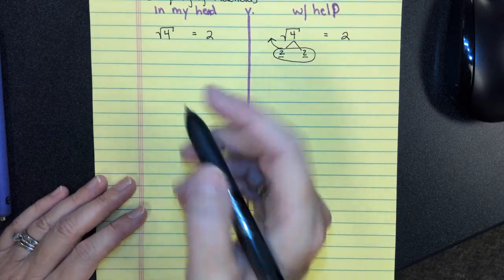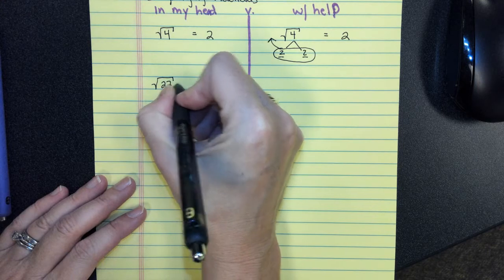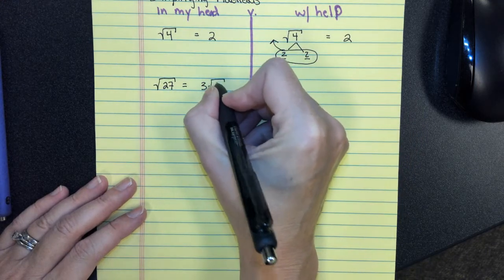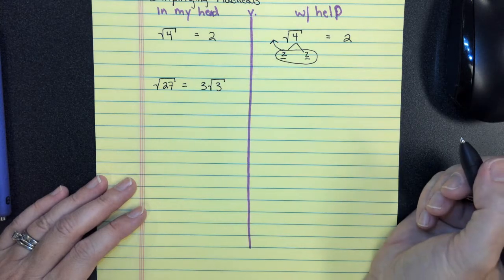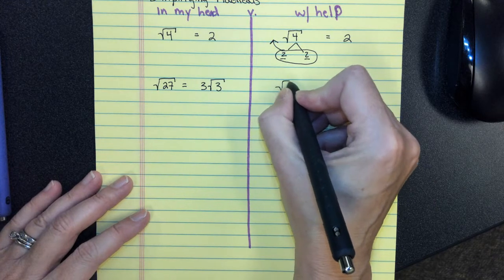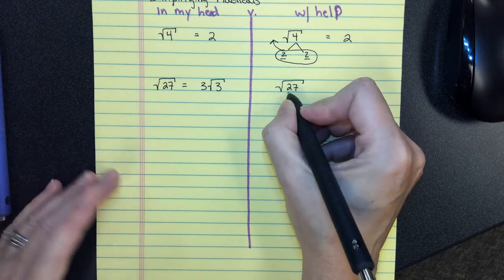Let's look at the next one. Square root of 27. This is 3 square root of 3. But what if I don't know how to do that in my head yet? Well, I'm going to come over here and I think of what multiplies to 27.